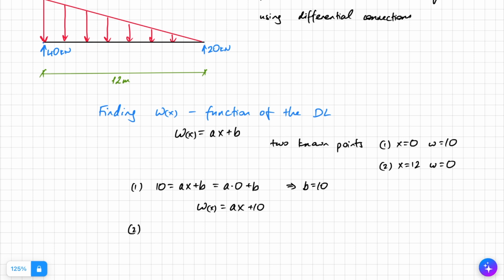When x equals 12, at point B, w equals 0. So 0 equals a times 12 plus 10, and therefore a equals minus 10 over 12, or minus 5 over 6. And therefore the equation for the load is minus 5/6 x plus 10.